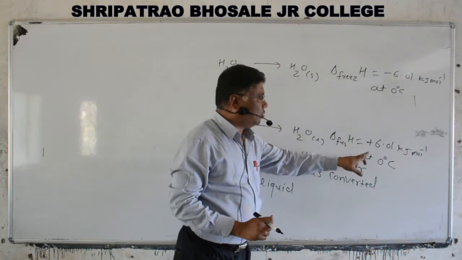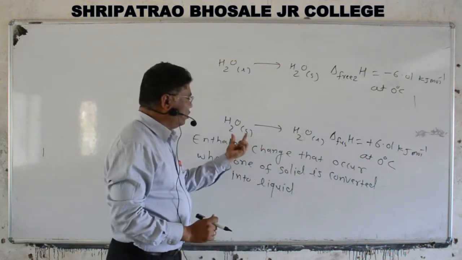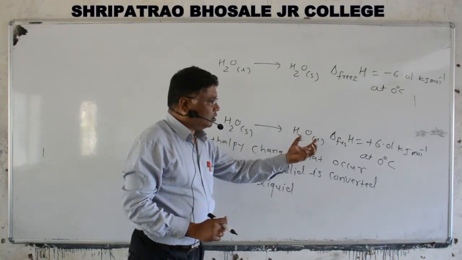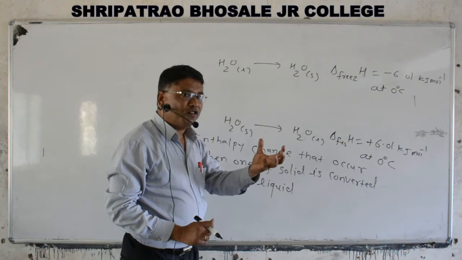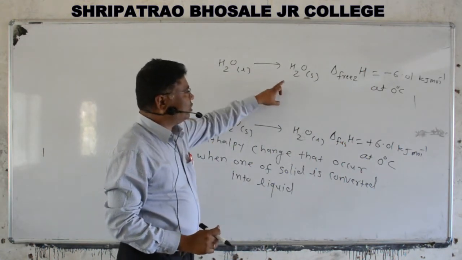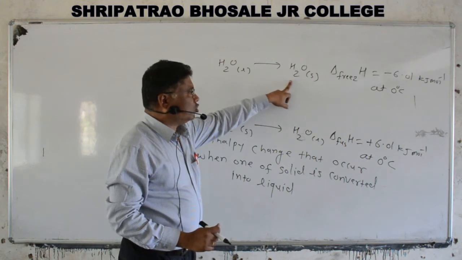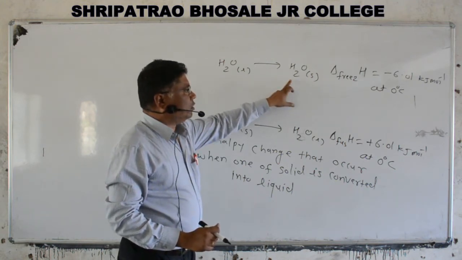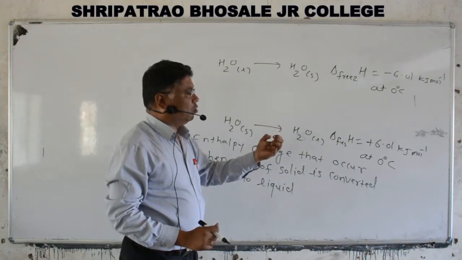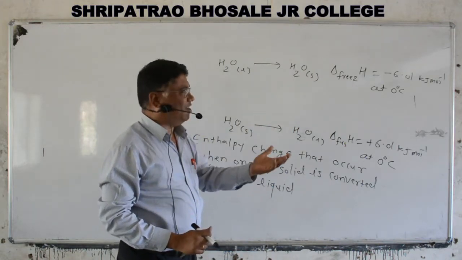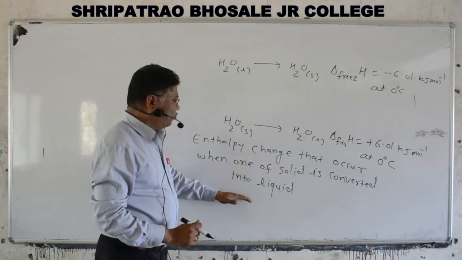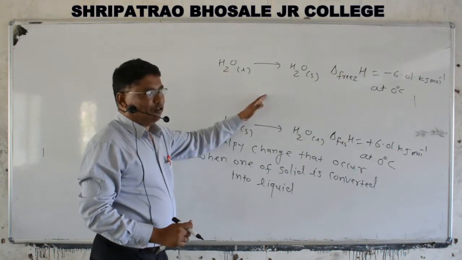When 1 mole of solid ice is converted into liquid, 6.01 kilojoule of heat is absorbed, and when 1 mole of liquid water is converted into solid, 6.01 kilojoule of heat is released. So this is about enthalpy of fusion and enthalpy of freezing.